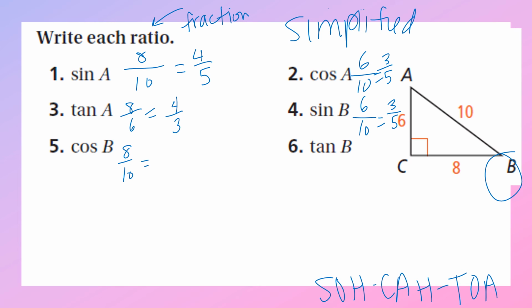And again, we've done that fraction before, reduce it to 4 over 5. And then the tangent of B is opposite over adjacent. So 6 over 8, which will reduce to 3 over 4. Again, if you have any questions, just let me know.